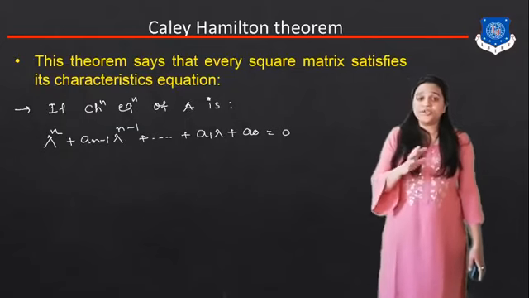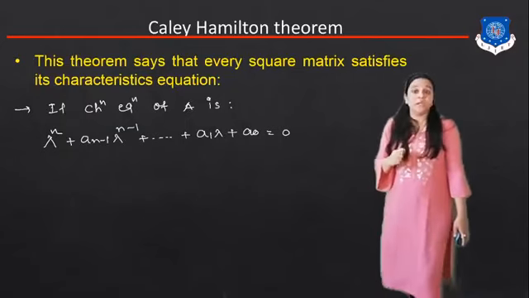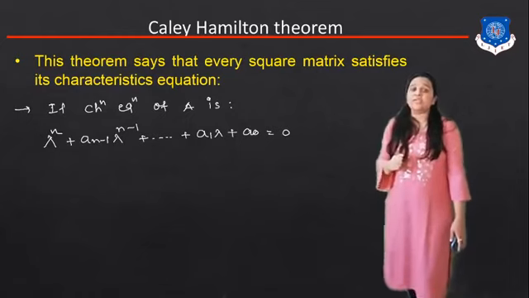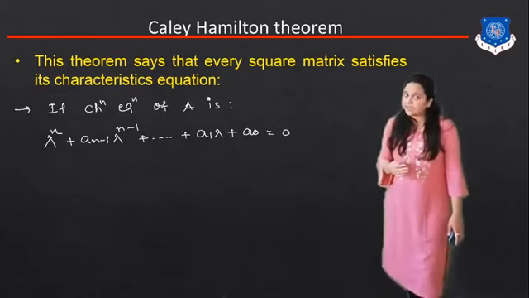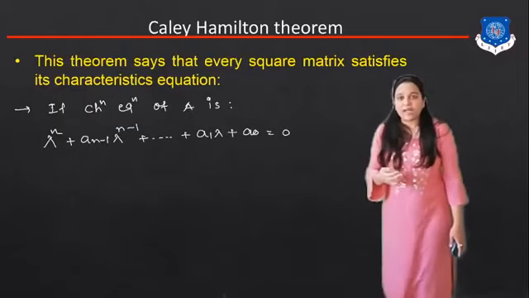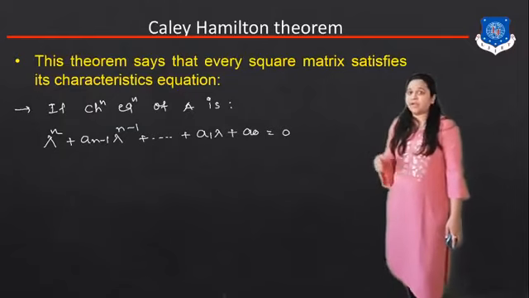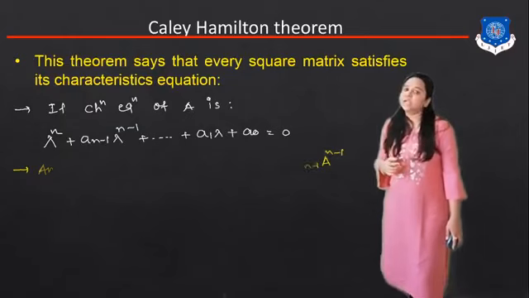This is the general characteristic equation of every square matrix. In state space analysis we deal with square matrices, so the square matrix satisfies this characteristic equation.